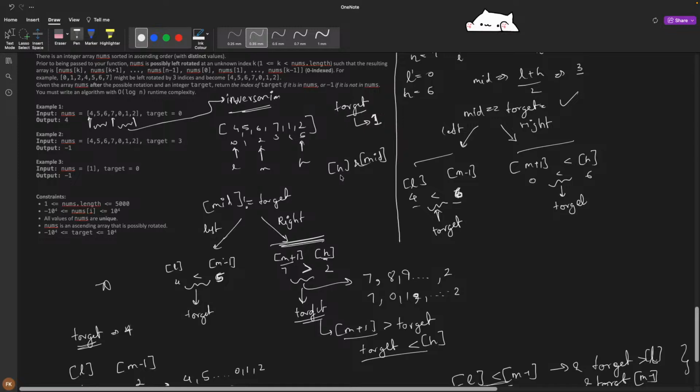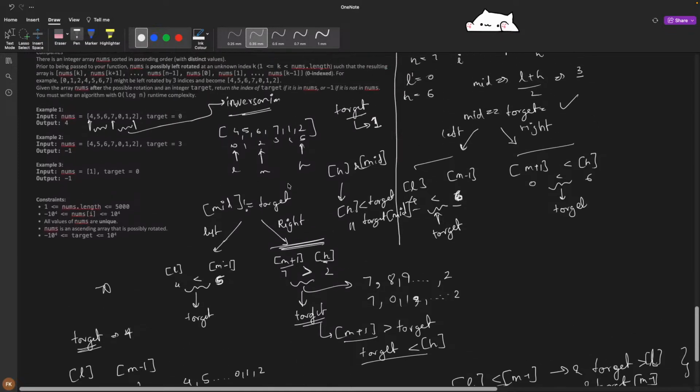When there is an inversion between the high and mid, then our target going to the right should be either this or the target should be less than mid.